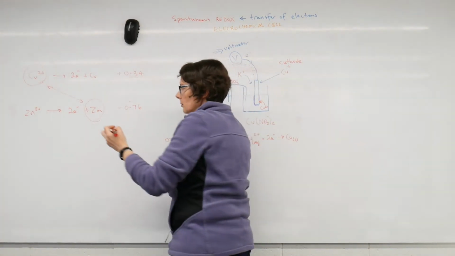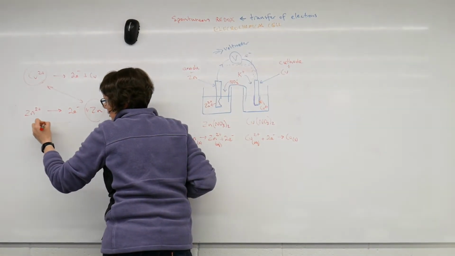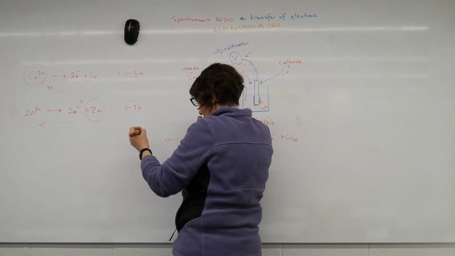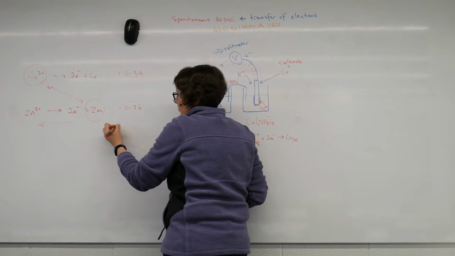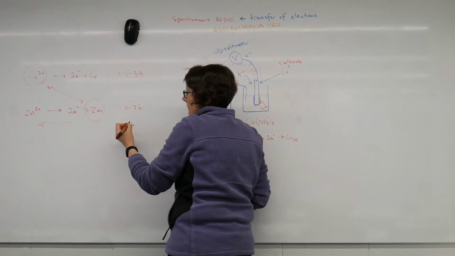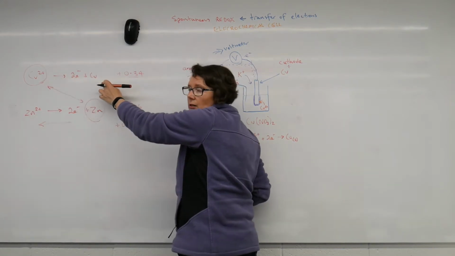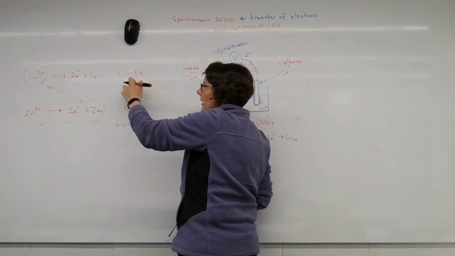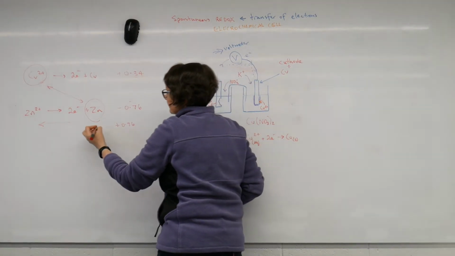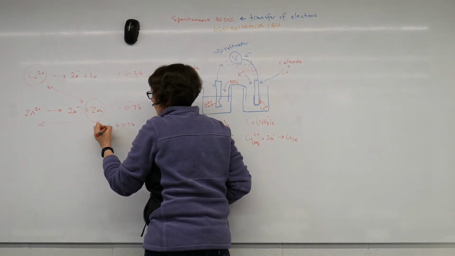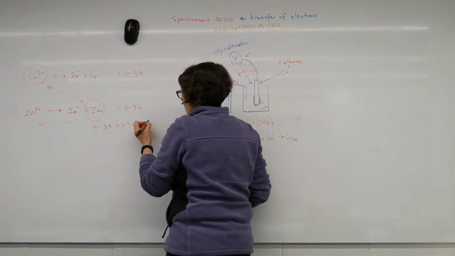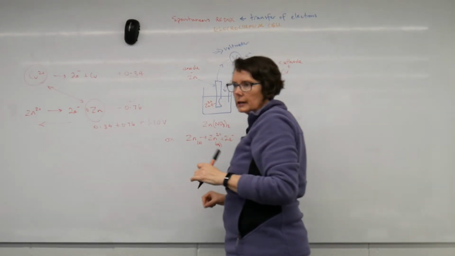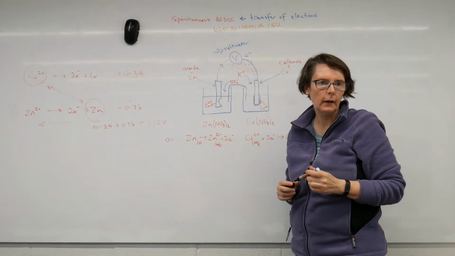Because this reaction is going in this direction, then we have to reverse the sign. So this would then be positive 0.76. And the reduction half equation is already in the correct direction, and so I can then add that on. Which is going to be what, 1.10 volts? Is that right? Yeah.